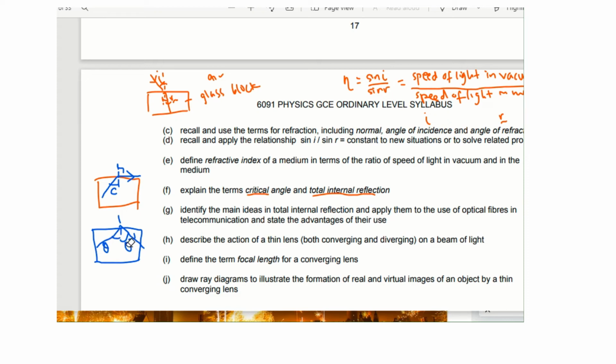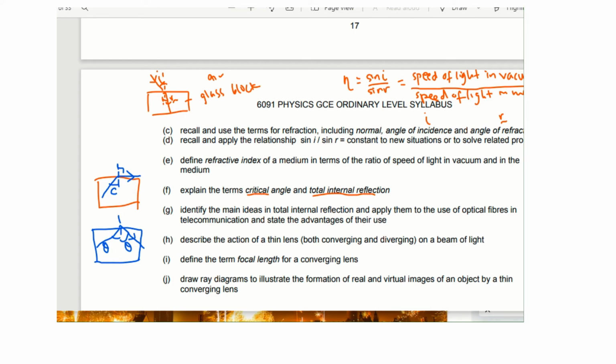So these two angles will be the same. Okay. So optical fibers are an application that makes use of total internal reflection. So we send a signal into the optical fiber, and this signal undergoes total internal reflection, so as to send the signal from one position to another.